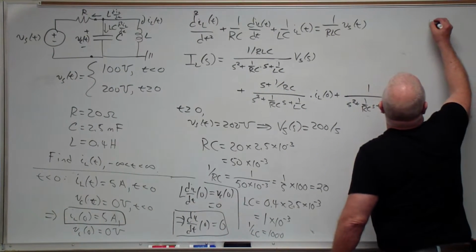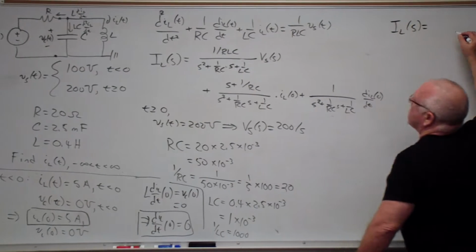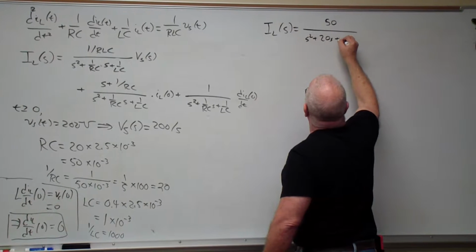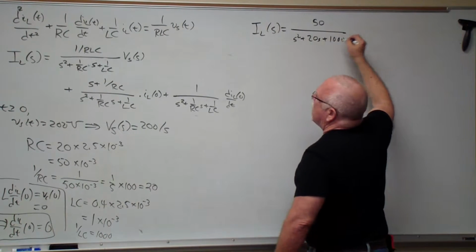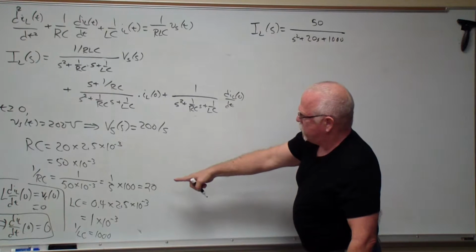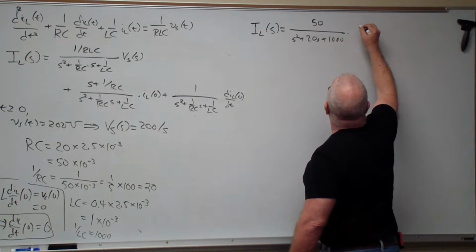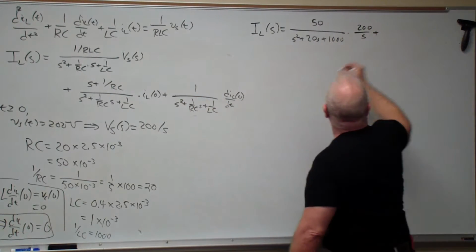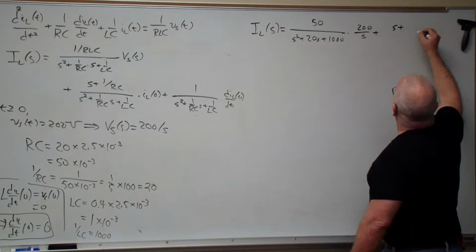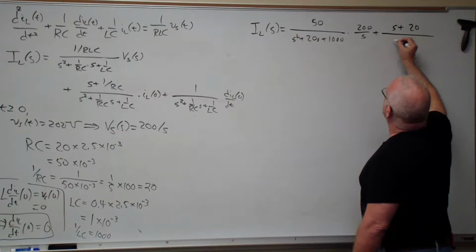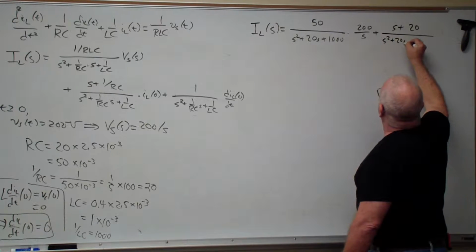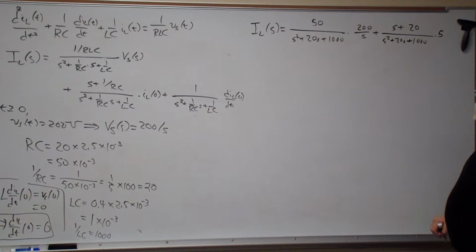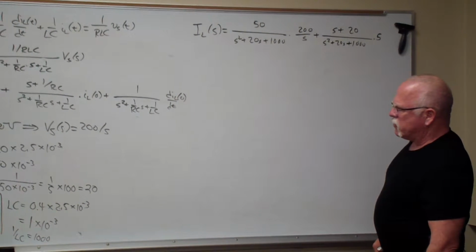So IL of S is 50 over S squared plus 20S plus 1,000 times V sub S of S, which we've lost down here someplace, 200 over S. And then we've got S plus 1 over RC, which is 20, again over the same denominator, S squared plus 20S plus 1,000, times 5 amps.